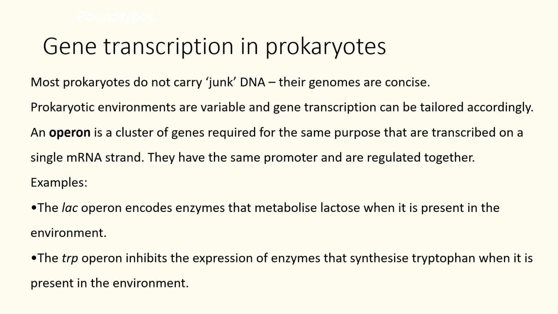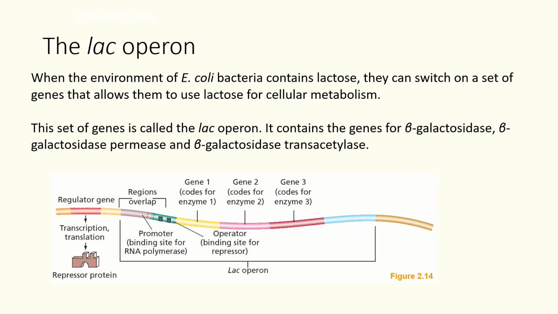I certainly wish I could do that. The trp operon is very similar in that it's an operon controlled by environmental cues, but it will produce enzymes that synthesize tryptophan, okay, as opposed to breaking down.